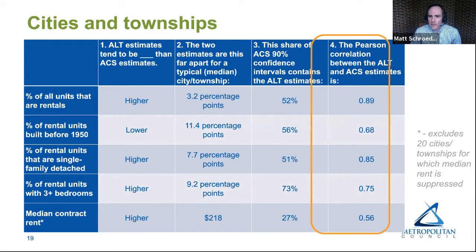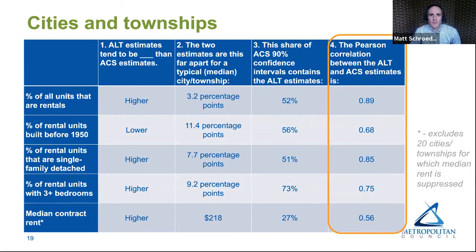And then finally, again, the Pearson correlation for median rents between the alternative and ACS estimates is substantially lower than for the other characteristics, but still positive, still not weak. So again, I'm not saying that the ACS is not to be trusted.